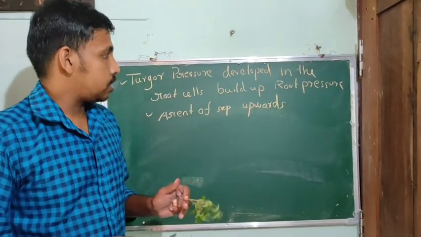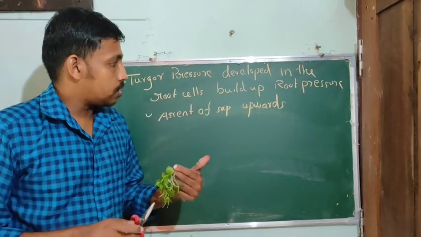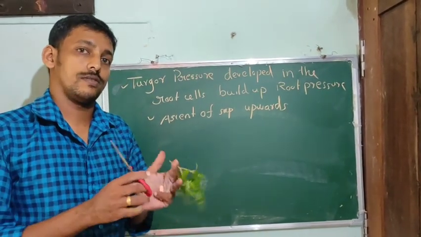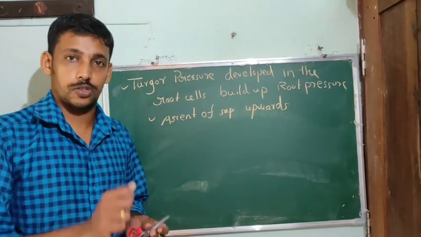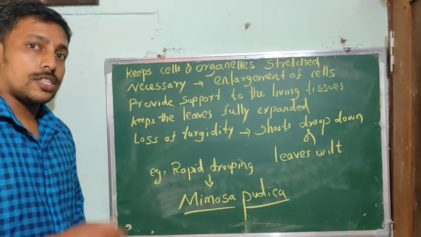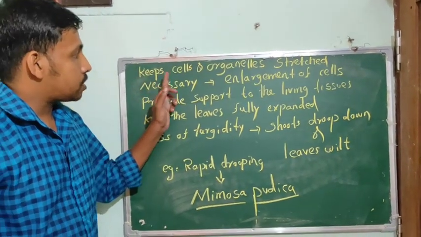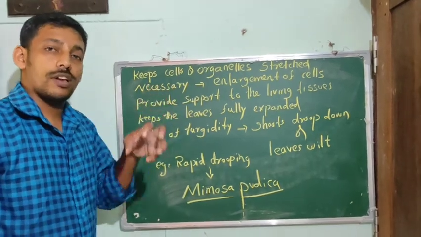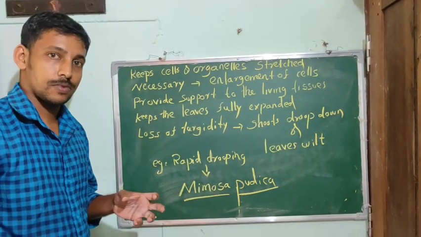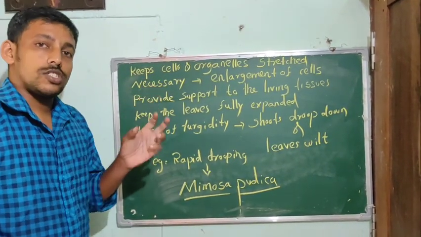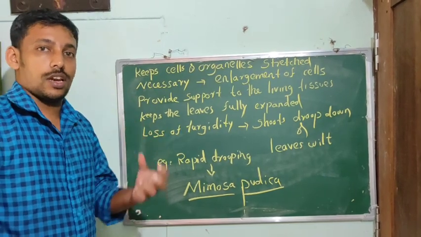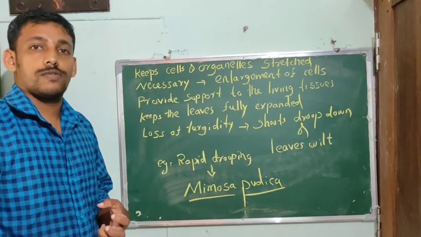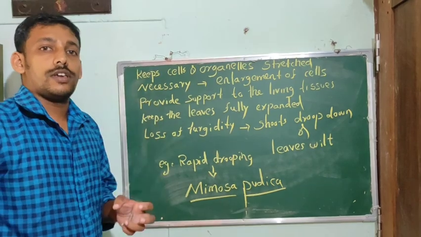Now let's see another use of the turgor pressure. The turgor pressure keeps the cells and its organelles stretched. The stretched condition of the cells and organelles is very important for the proper functioning of the cell.